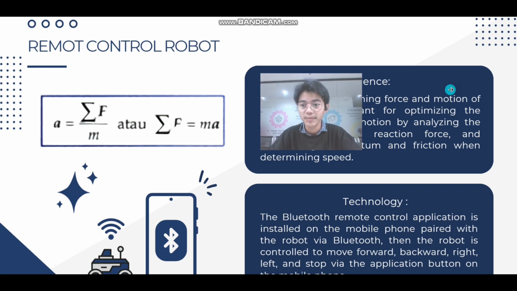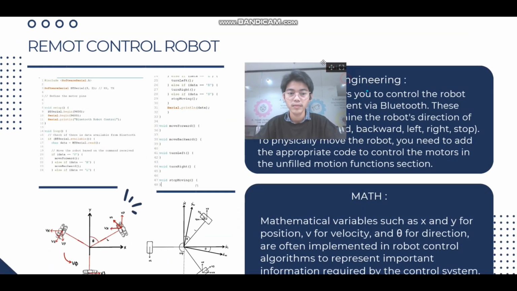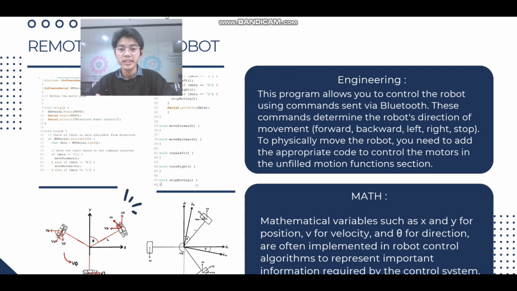Next, engineering. This program allows you to control the robot using commands via Bluetooth. These commands determine the robot's direction of movement: forward, right, left, stop.